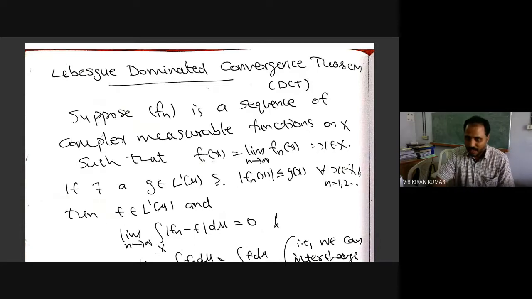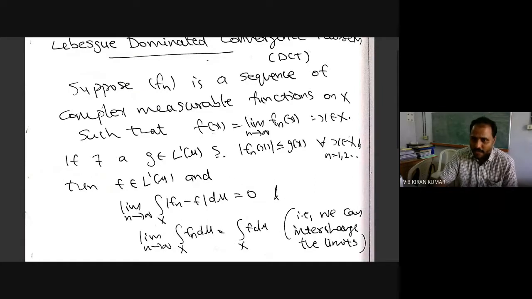Let me comment here that in fact this result is also true even if this happens only except in a set of measure 0. I mean, as far as measure theory is concerned, what happens in a set of measure 0 is not going to influence anything. So f(x) is equal to the limit of f_n(x).